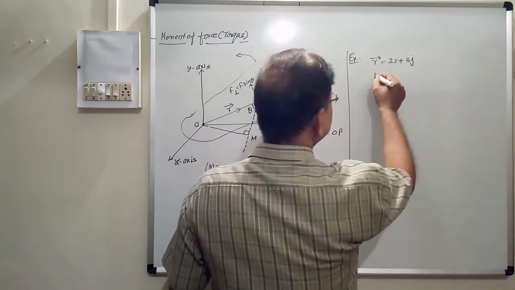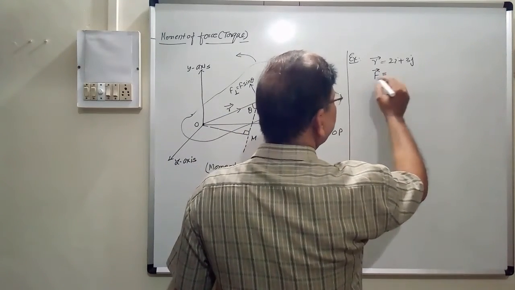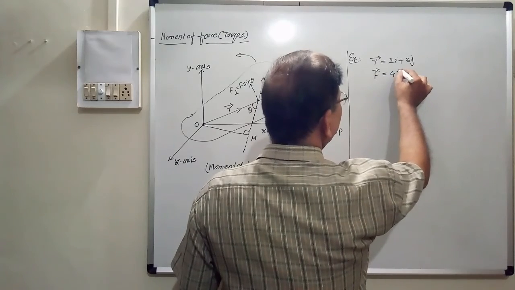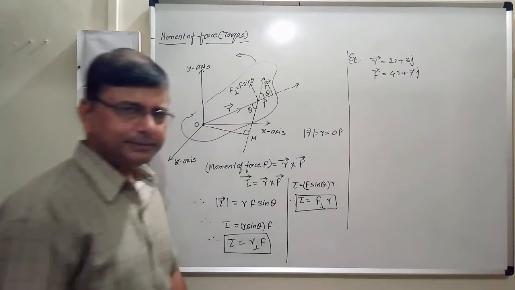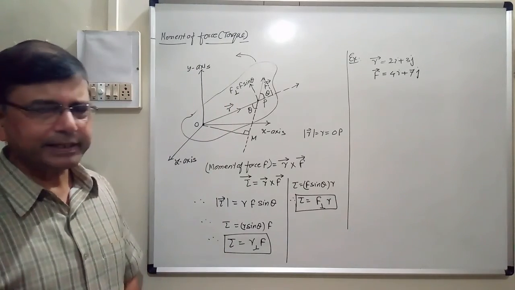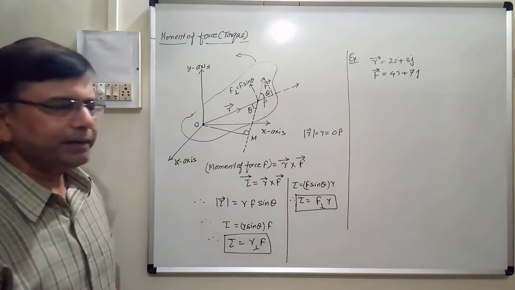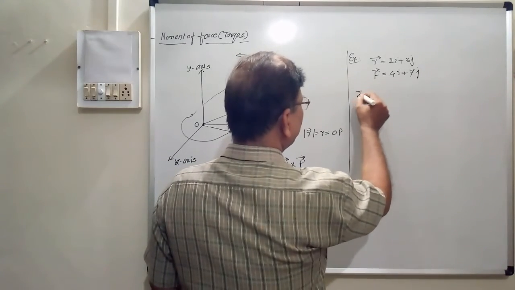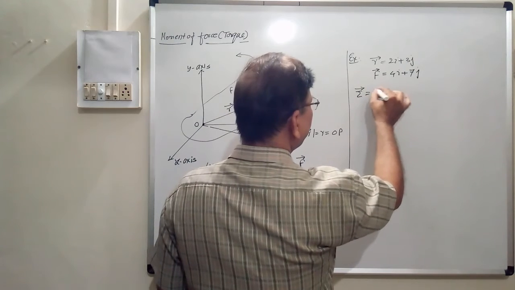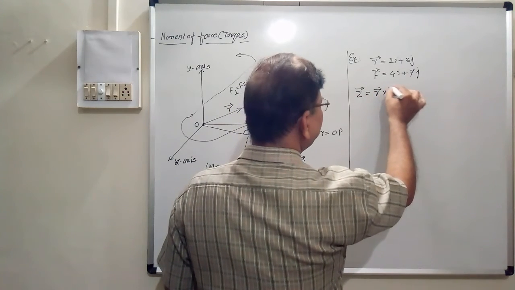Similarly, the force F is 4i plus 7j. This is the force vector and the position vector of the point P at which force is applied. Then what is torque?